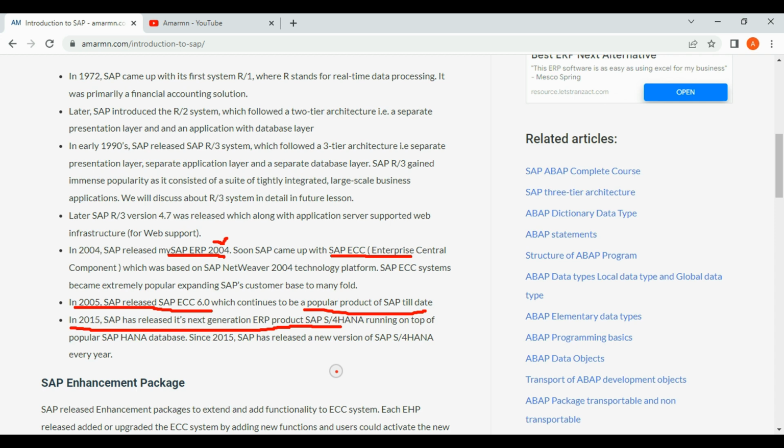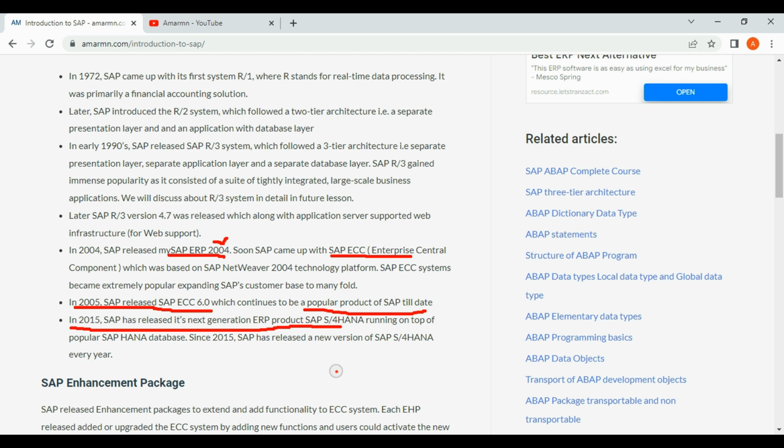This product was released in accordance with the SAP HANA database. Since you are beginners to SAP, you might not be aware of what SAP HANA is, or what the reason was to come up with SAP S4 HANA. But we will understand these things in a future lesson.